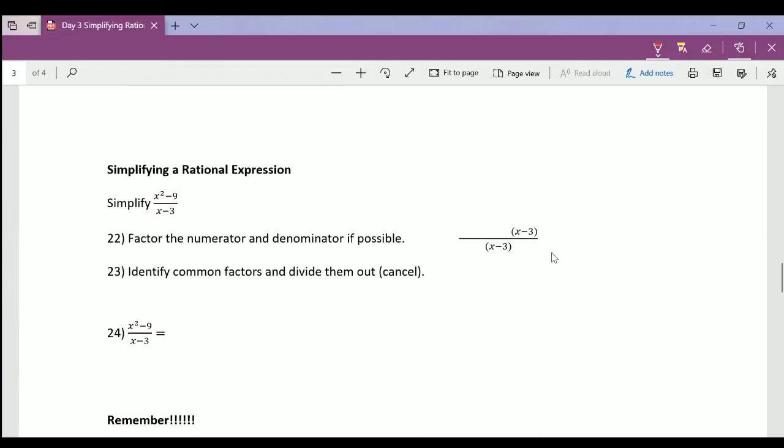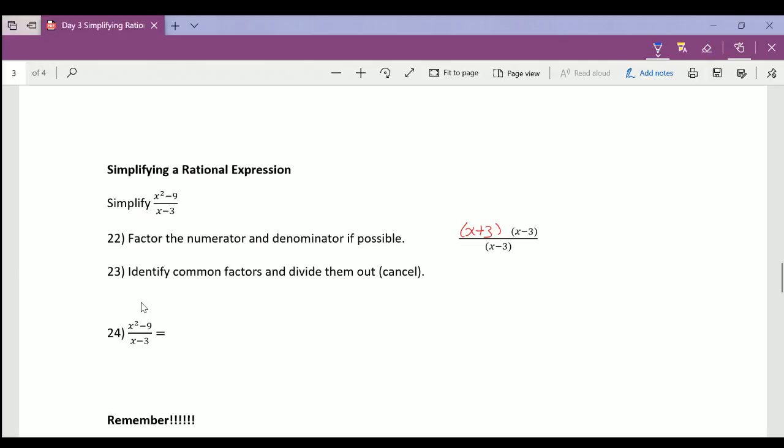So now, well, we've got a difference of squares right here on top. X squared minus 9. And it's already partially done for us here. That's going to be x plus 3 times x minus 3. Okay, so there we go. Factor them.